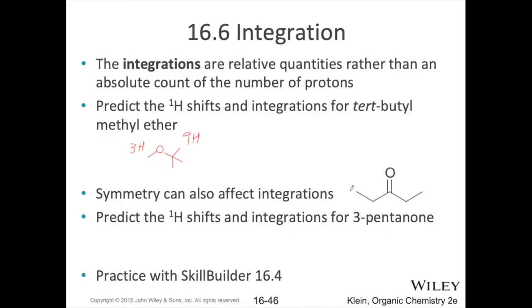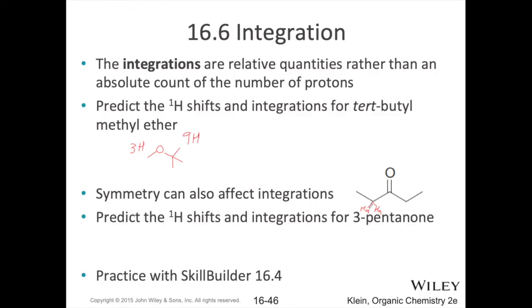Okay. Likewise here, if we look at the peaks for our 3-pentanone over here, if we look at the hydrogens that are attached to these carbons, so we have 2 hydrogens here. I'll just call them HA. These are both going to be enantiotopic, right? There's a mirror plane running through this molecule, and these 2 are also HAs.